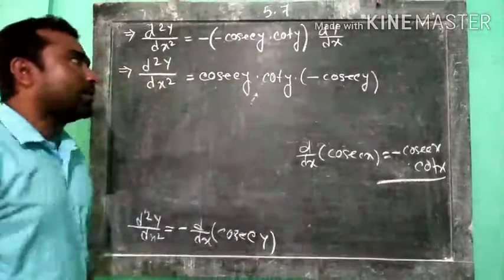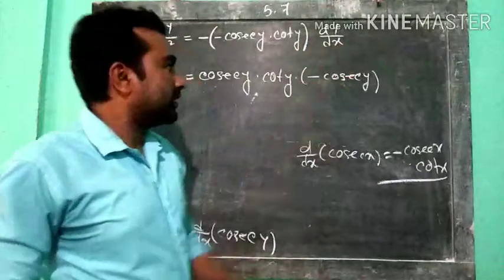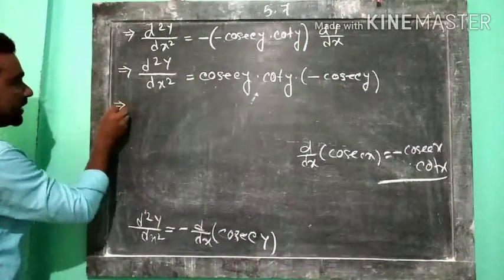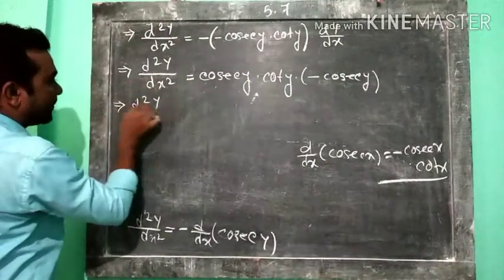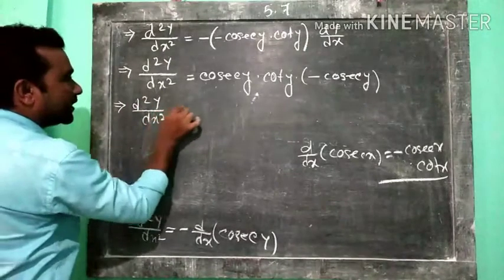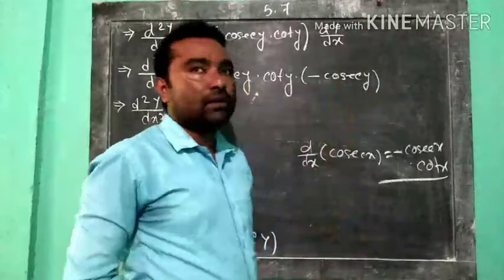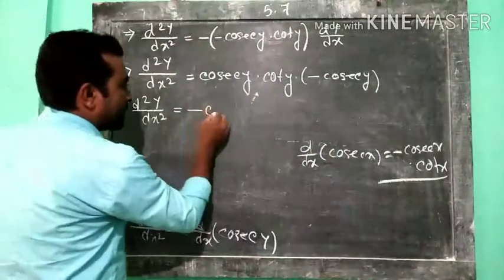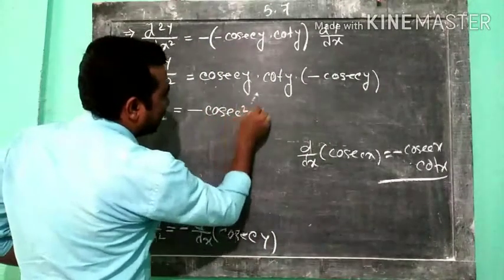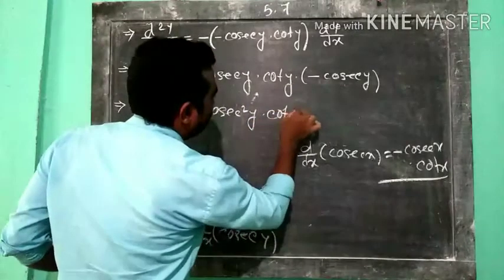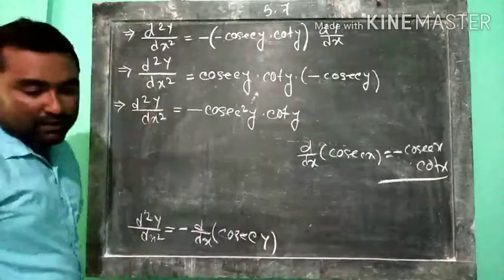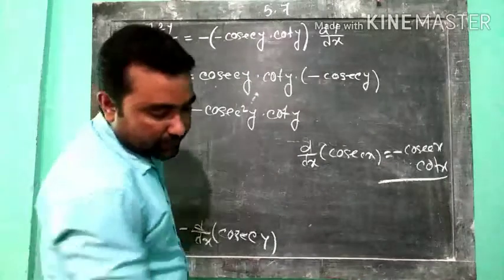We just put the value of dy/dx here. So d2y/dx2 equals minus cosec y into cosec y into cot y, which is cosec square y into cot y. This is the final answer.